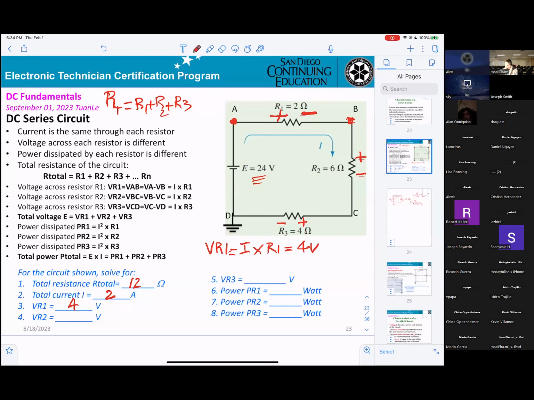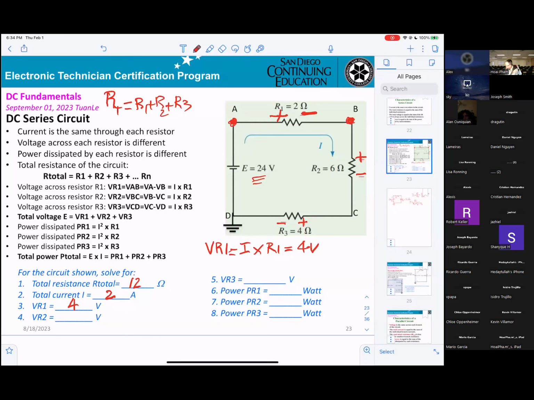So basically, you get the 24 volt here, and now you dissipate it. Okay, you get 4 volt dissipated around R1. So basically, on this side, you can get 20, right?